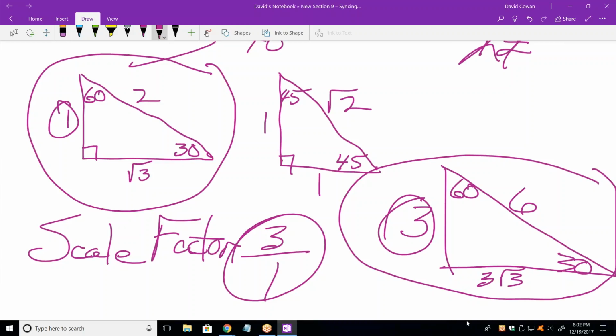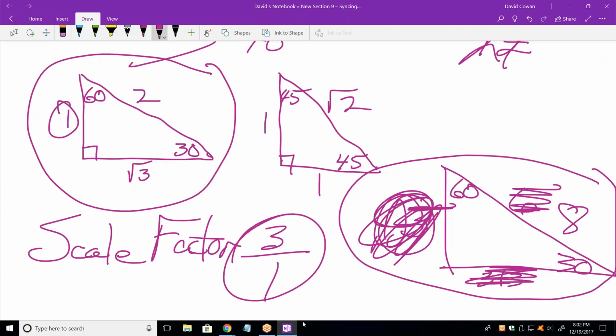In other words, let's make this side 5. Now what are the other two sides? Better yet, let's make this side 8. So that's all you know, is that you have a 30-60 right triangle and the hypotenuse is 8. You should be able to figure out the other two sides from that.